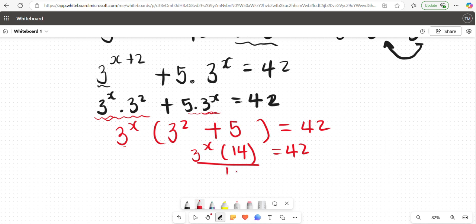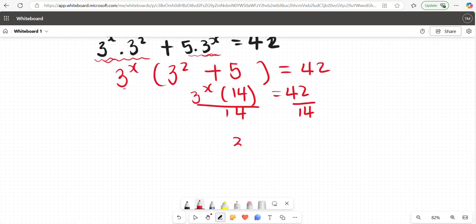And if I divide both sides by 14, then I end up having 3 to the power of x, and 42 divided by 14 is just a 3. And at this point, the bases are the same. I could just make the exponents equal to each other. And so x is equal to positive 1.